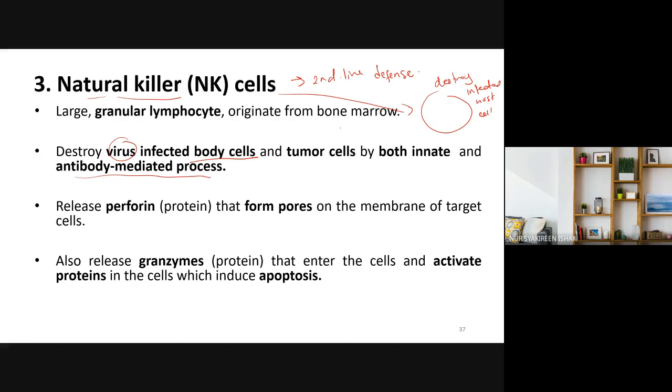So inside this host cell dia akan ada that pathogen lah, kan? So bila host cell is destroyed, so this exposes the virus. So once this virus is exposed, akan datang antibody. Okay, antibody will bind to that virus or the pathogen.